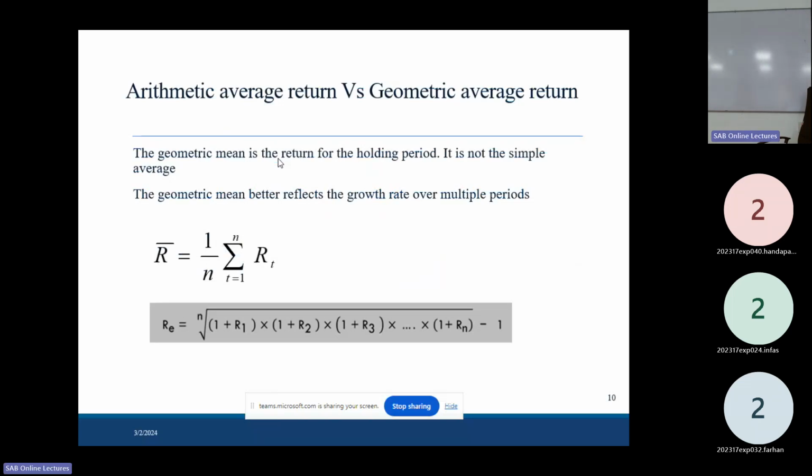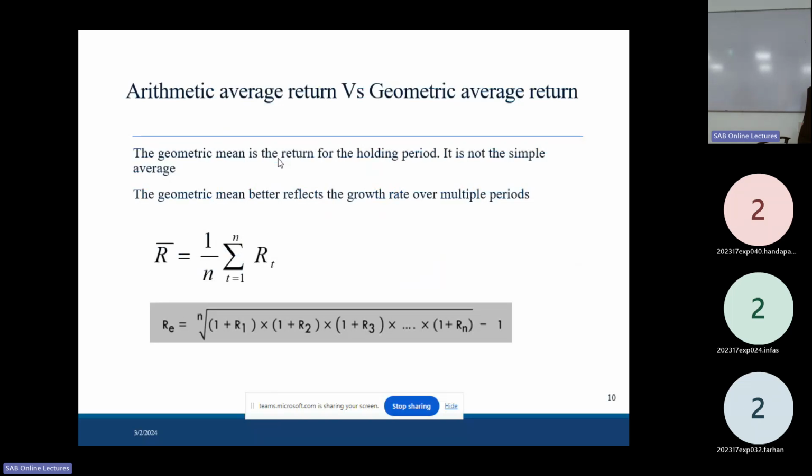Right? And also, if you have taken past 10 years return data to calculate this R bar, each yearly return is independent. Suppose 2005 yearly return is not impacting or influencing 2006. So they are independent as well as equally weighted when we calculate the arithmetic mean.